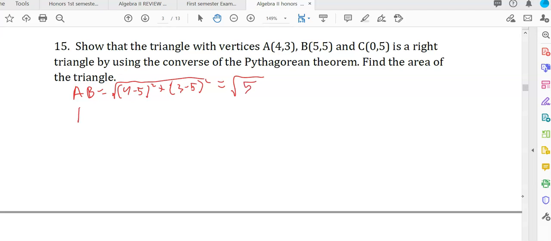Okay. AC can be 4 minus 0 squared plus 3 minus 5 squared. That's going to be 16 plus 4, which is 20, so square root of 20. That might simplify.